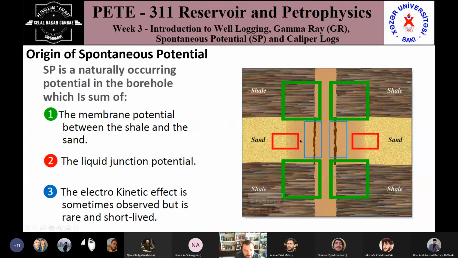The electrokinetic effect is sometimes observed, but it's rare and short-lived. As I told you, some tools are very successful at observing this one, but most of them are not, and it happens very rarely. So most of them do not include this one. Just calculate these two.